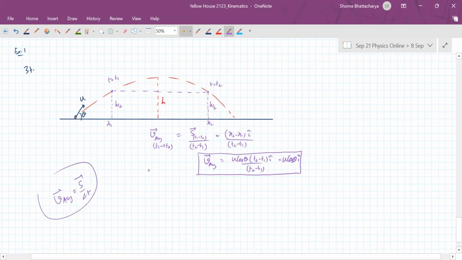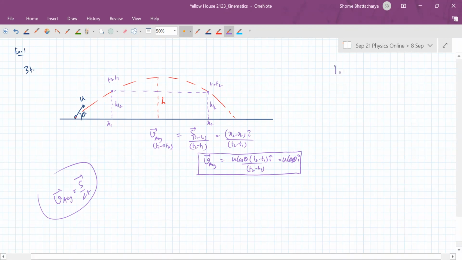Sir, I got the same answer, but I can use a different method. If it reaches maximum height at u sine theta by g, so it will reach h by 2 at u sine theta by 2g. Wait, it will not reach at that, because the height is not a linear function of time. It's a quadratic function of time. So to find t1 and t2, you have to actually solve this.